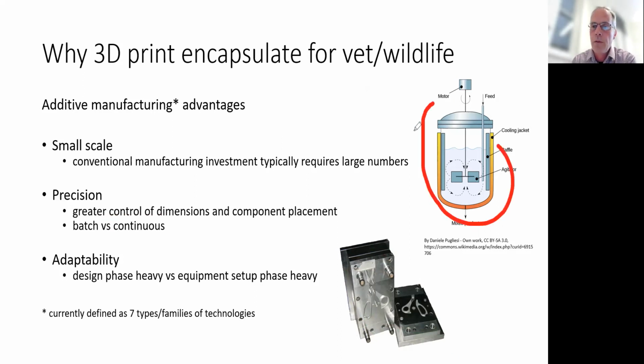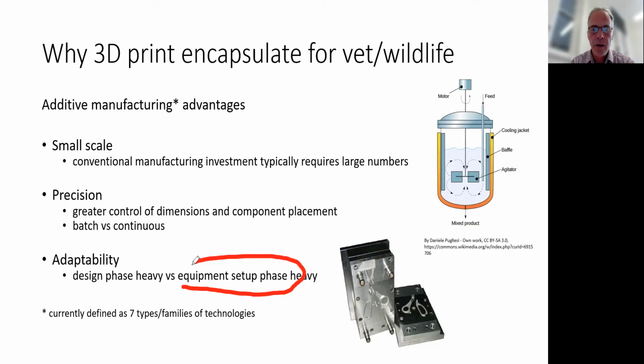There is the loading and unloading and reloading between batches in conventional mixing. Additive manufacturing is also incredibly adaptable, and you can make changes in the design phase repeatedly and quickly. It's a very design phase heavy process, as opposed to conventional manufacturing, which is very heavy in the equipment setup phase and gives you very little opportunity for redesigning and tweaking products.